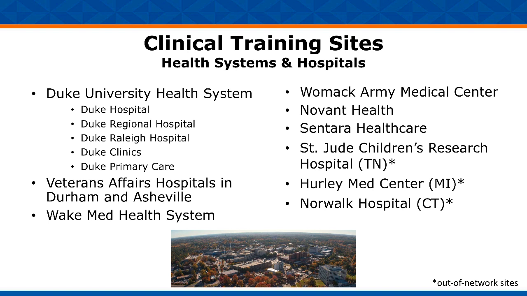The Duke Health System comprises the main Duke Hospital, as well as a Durham community hospital called Duke Regional Hospital, and the community hospital in Raleigh, Duke Raleigh Hospital. There are also numerous Duke clinics and a network of primary care clinics referred to as Duke Primary Care, in which our students spend time. We have close affiliations with the VA hospitals, both here in Durham as well as in the Asheville community, where our students regularly spend time.